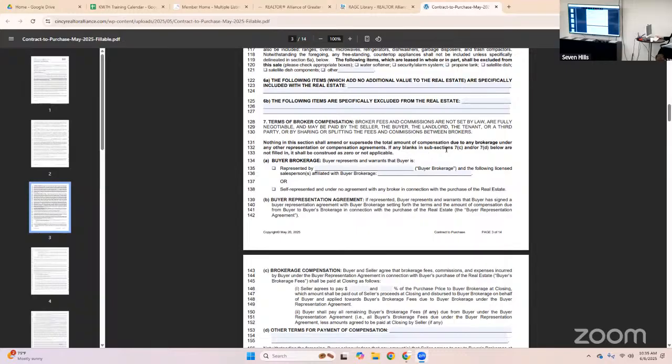If any blanks in subsection 7C and or 7D below are not filled in, it shall be construed as zero. Be very careful when you're writing this contract, this offer, that you put your compensation in here that you're asking the seller to pay for you. If you don't, it is construed as zero. And good luck going back and changing this after you have an accepted offer.